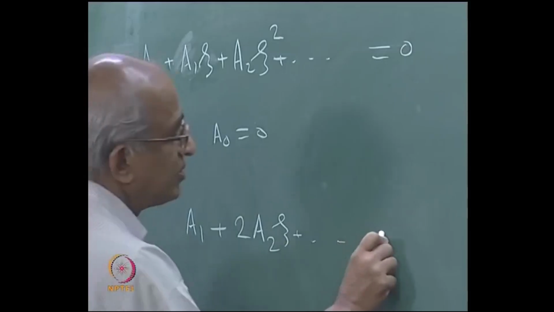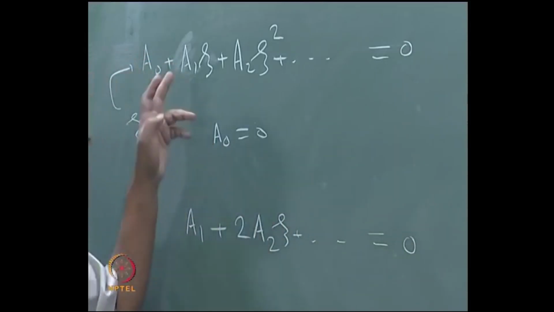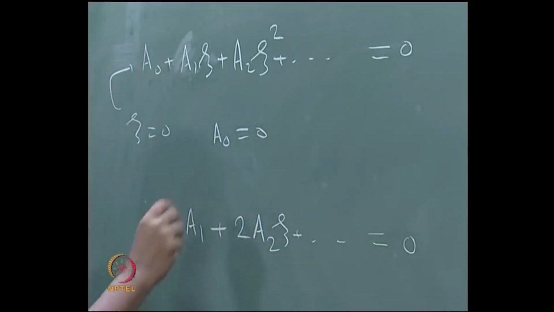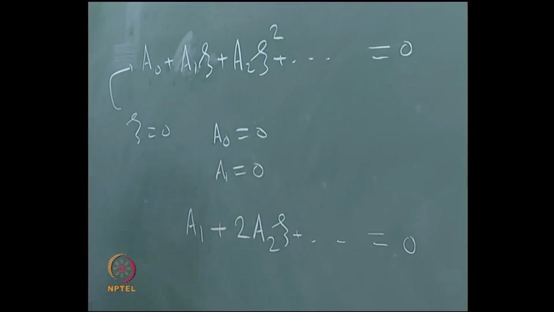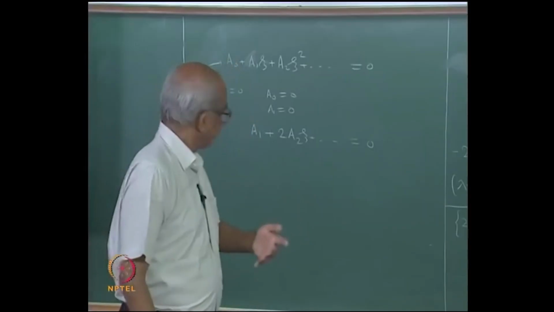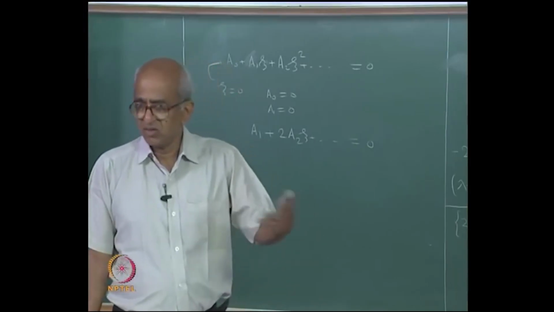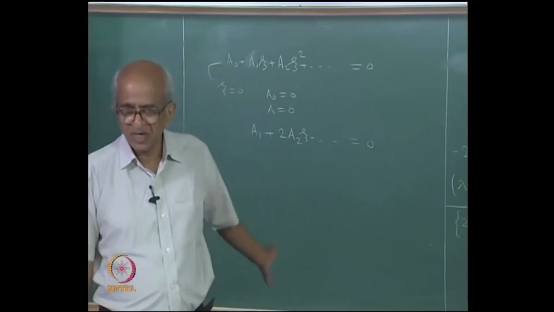So, the answer has to be 0. So, if you differentiate this and put the derivative equal to 0, you will find that a1 has to be 0. Then you differentiate it once more and put c equal to 0, you will find that a2 has to be equal to 0, then a3 has to be equal to 0, and so on. That is another way of arguing the same thing.